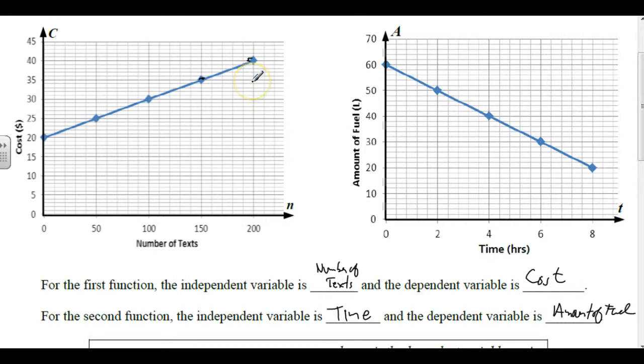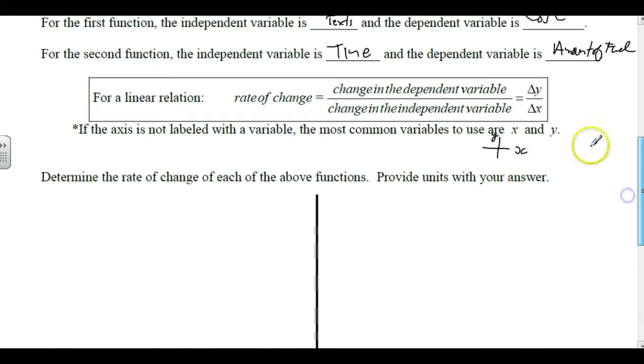It's a change in y of $5, to go from 150 to 200, so it's a change of up $5 for 50 more texts. So $5 for 50 texts. And what we'll often try and do then is get a unit rate.